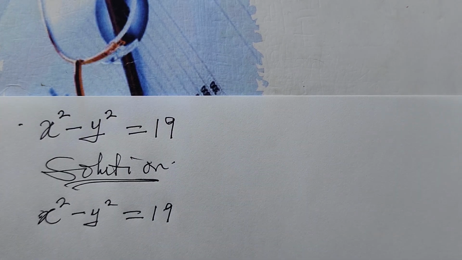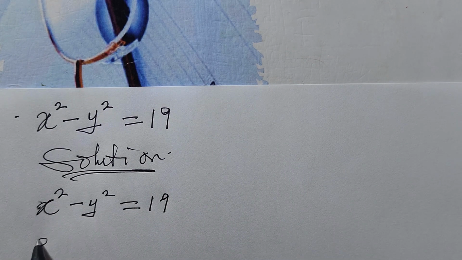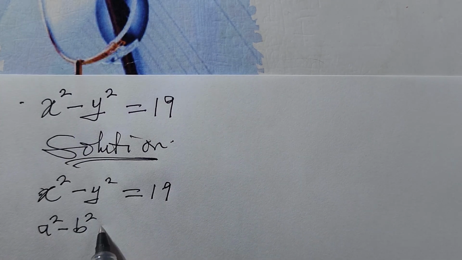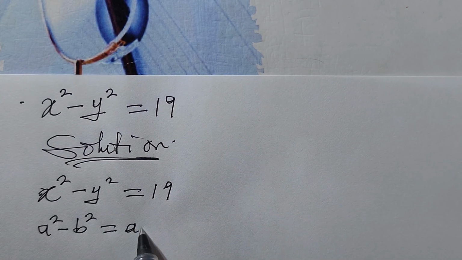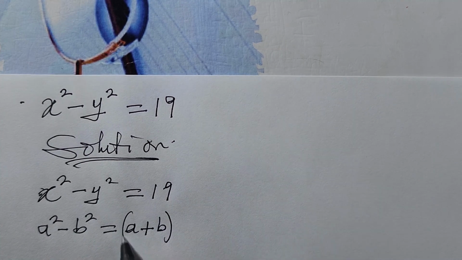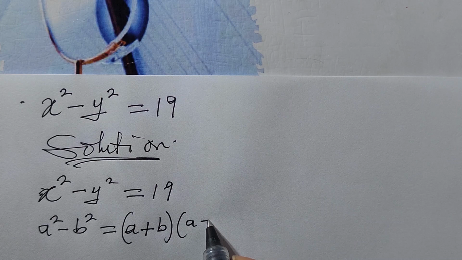Now, if you look at the left-hand side of this equation, you can spot a special algebraic identity. It says that if you have a to the power of 2 minus b to the power of 2, this is equal to (a plus b)(a minus b).